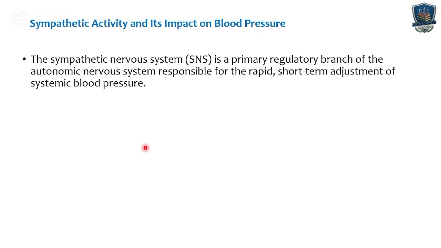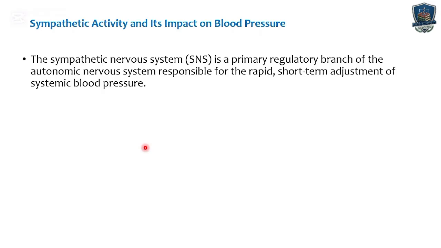For those who have done physiology of the nervous system, we know that the nervous system is in two broad categories: the central nervous system, which has the brain and the spinal cord, and the peripheral nervous system, which has two further classifications: the somatic nervous system, which is the voluntary system, and the autonomic nervous system.